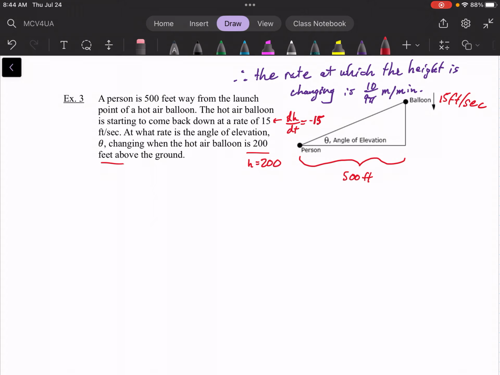So I have to have some kind of relationship with this angle theta and this length here and this 500 feet here. Now, I know tan theta is equal to h over the distance, which is 500. Now because I have the specific value of 500, I'm going to write that in. Okay, so now I'm going to find the derivative with respect to time on both sides.